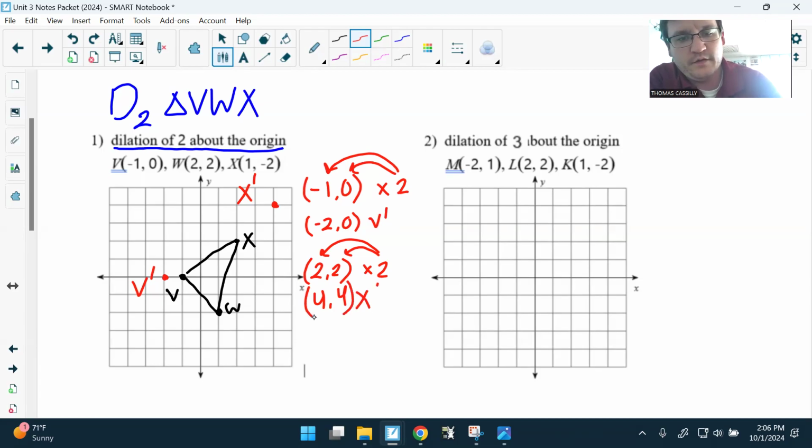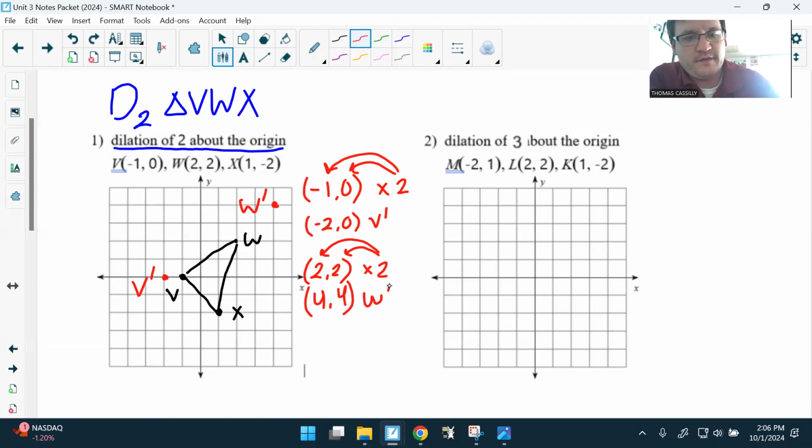And then the last one is W. Oh, shoot. Guys, I made a mistake. This should have been W. I got my points flipped. That should be a W, that should be an X, which means this point at 4, 4 is W prime. Sorry about that. Put a tally on the board.